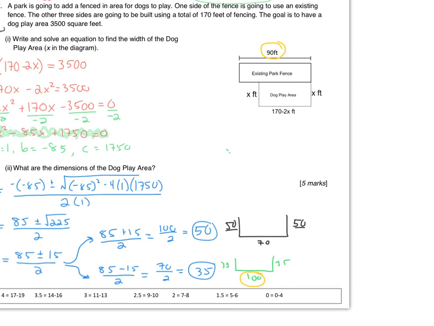I would say that invalidates this particular answer option. I would say the x value that I need is 50, meaning that I have, let me redraw that rectangle, a dimension in my diagram of 50 and 70.